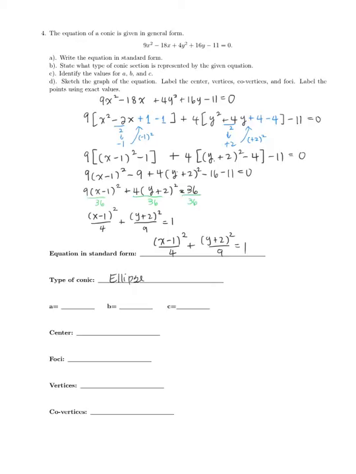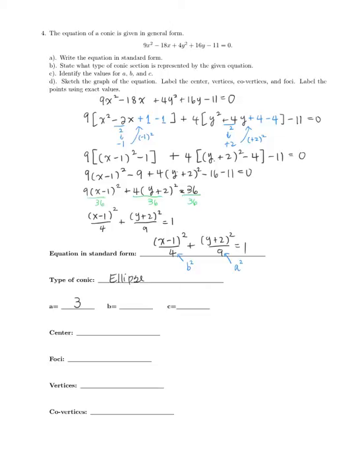an ellipse. Okay, now we have to determine the a's and b's and c's. Note that here our 4 is going to be the b squared, and this is going to be the a squared. So now let's get a, b, and c. If you look at the formula sheet, a should be what? 3?